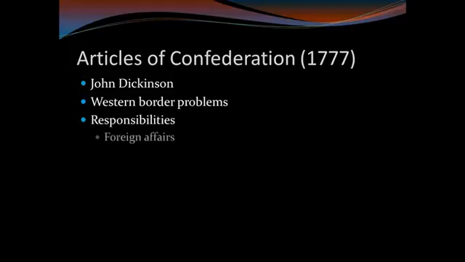They left to the government very few responsibilities, and here they are, right? They had, of course, the responsibility of foreign affairs. So in other words, they sent out diplomats to act as representatives for the United States and to deal with foreign governments, and that was pretty obvious. They also provided postal service. There was no executive in the Articles of Confederation.